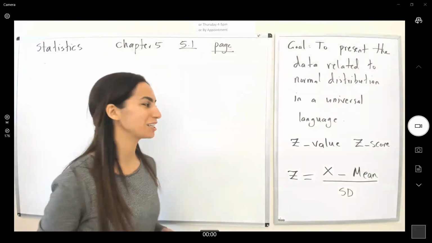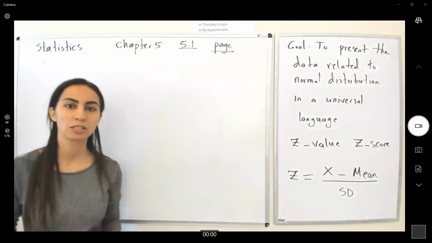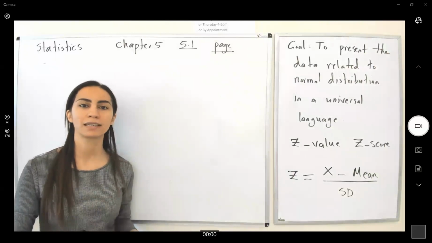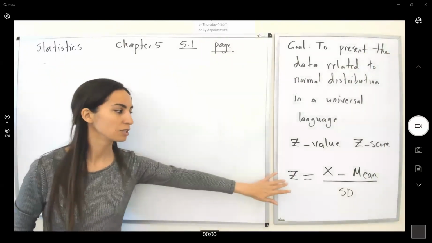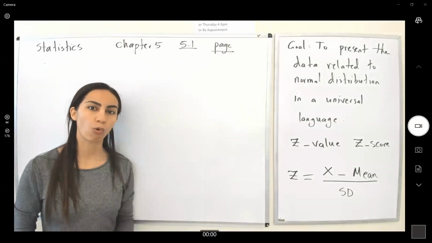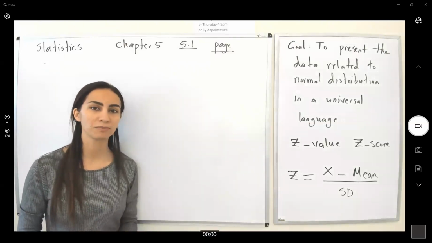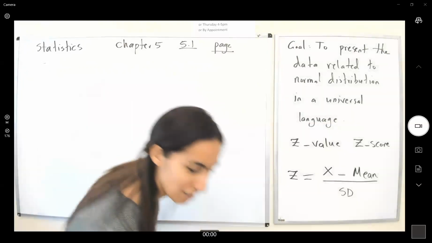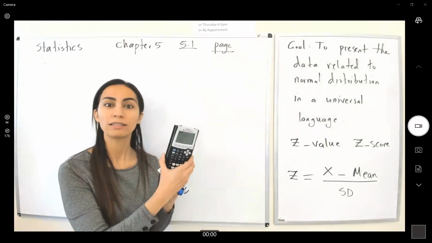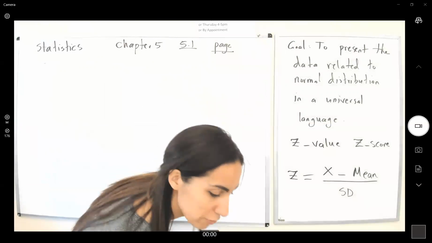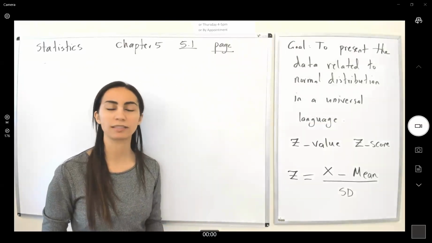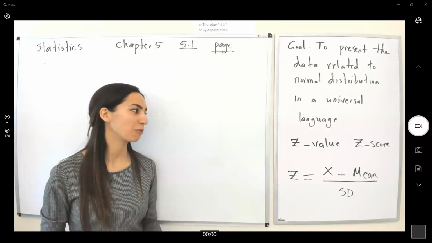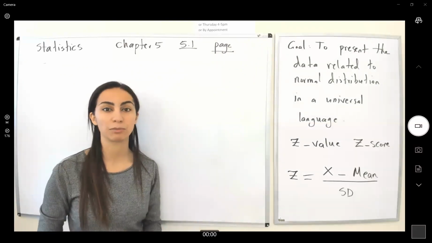Statisticians usually use z-values to convert all x values in the original data set into z-scores, new numbers. Then they use a calculator, they use a software to actually interpret the information, and they share the information with the rest of the statisticians or put them in the report.